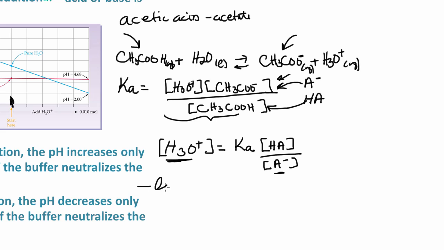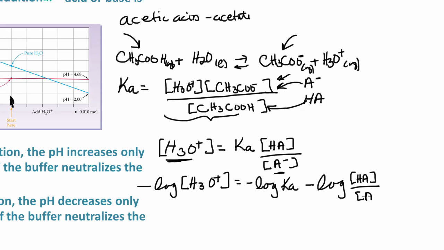So the negative log of hydronium ion is equal to, we'll say, the negative log of the acid dissociation constant, and then I'll take the negative log of this expression here.